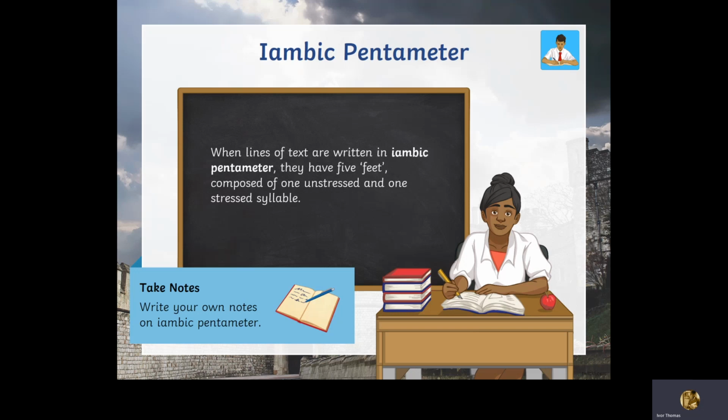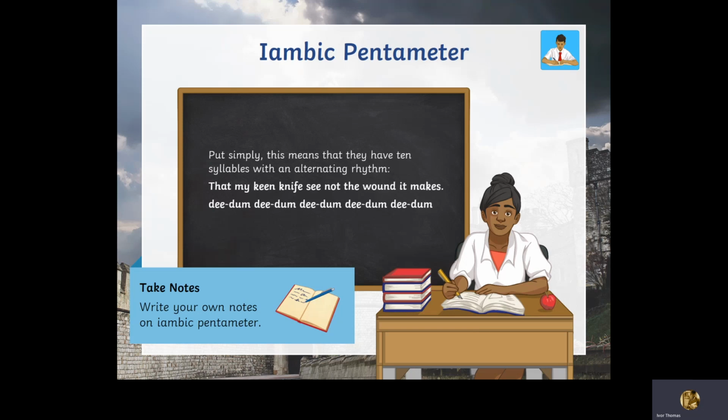When lines of text are written in iambic pentameter, they have 5 feet, composed of 1 unstressed and 1 stressed syllable. A lot of actors will not read Shakespeare in iambic pentameter, but it's important that you can recognize when Shakespeare's doing it. He starts each line with a capital letter, and you can read each line in 5 beats.